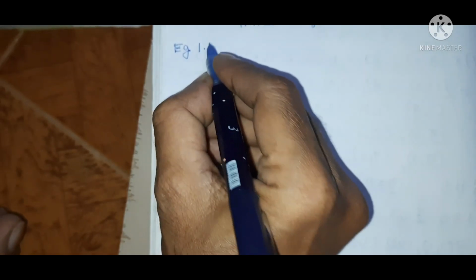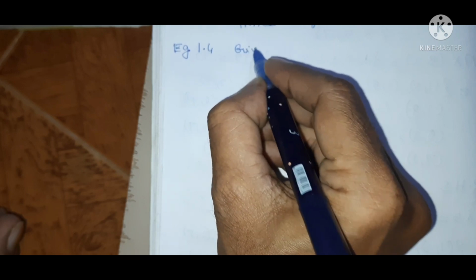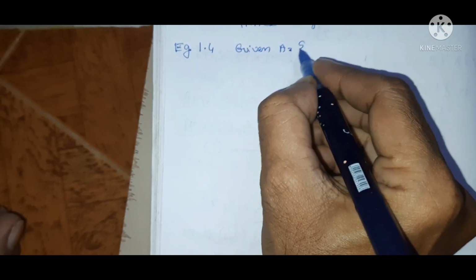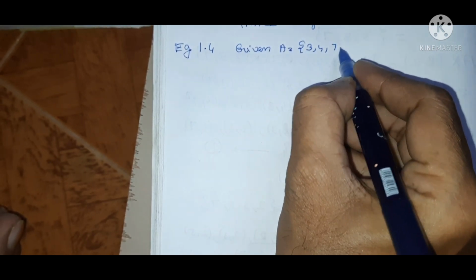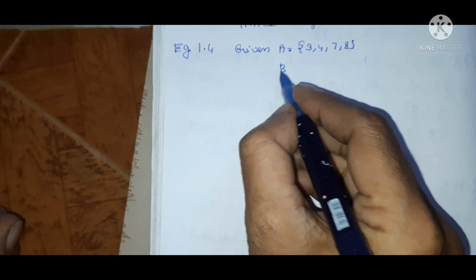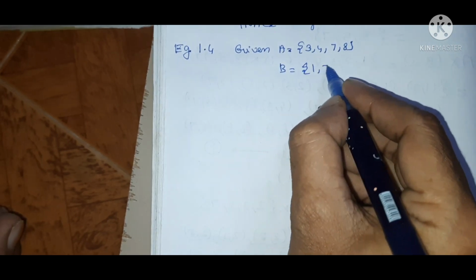Example 1.4 given. A is {3, 4, 7, 8}. B is {1, 7, 10}.